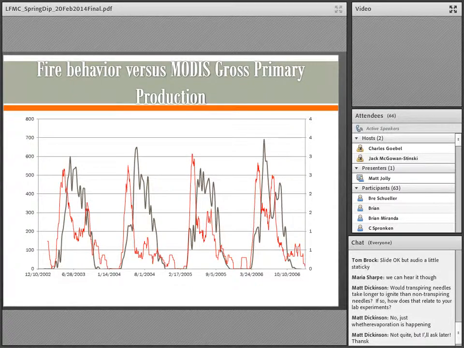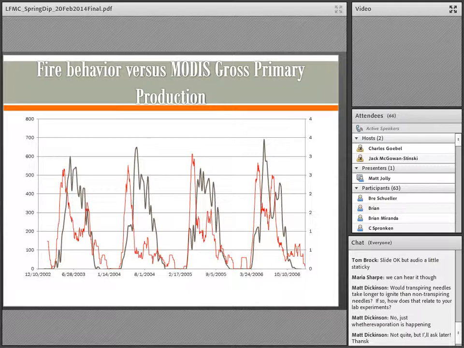And what we see, the red line is actually the observed fire behavior for these 4 years. So a 3 or above is an indicator of crown fire activity, and generally anything 2 or below is an indicator of surface fire activity. And that's kind of a rough guide, but basically this is from John Hentz's work, where he documented every single day that they had a fire, what was the worst fire behavior they saw on that day.